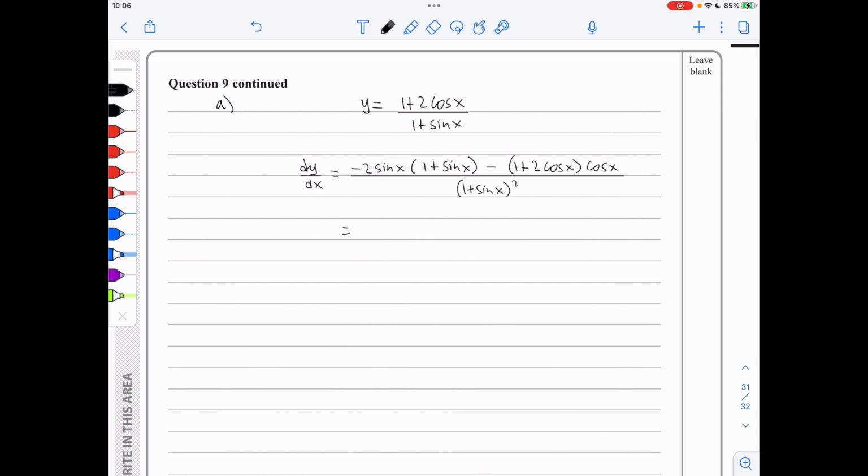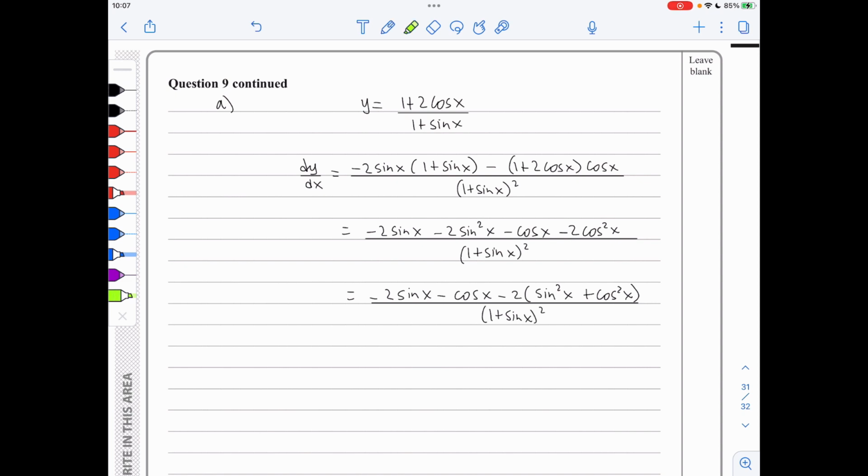We will be expanding the numerator to get minus 2 sine x minus 2 sine squared x minus cos x minus 2 cos squared x, and all of it over 1 plus sine x all squared. Now this can be written as minus 2 sine x minus cos x minus 2 brackets sine squared x plus cos squared x, and all of it over 1 plus sine x squared.